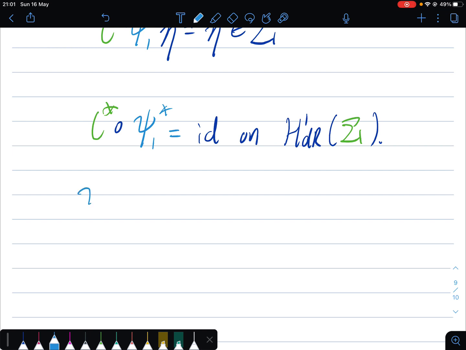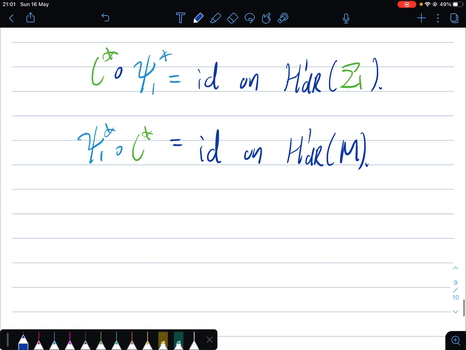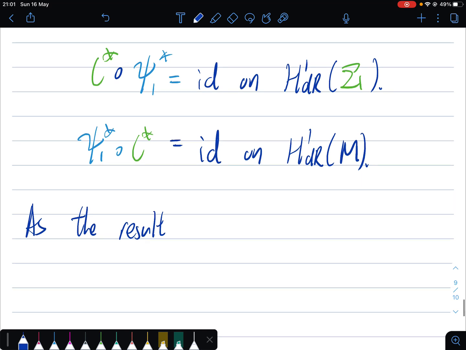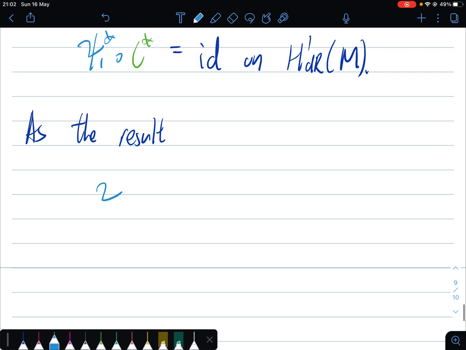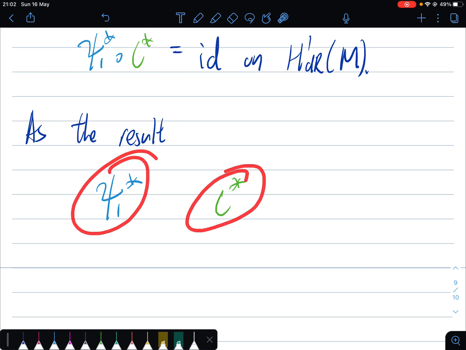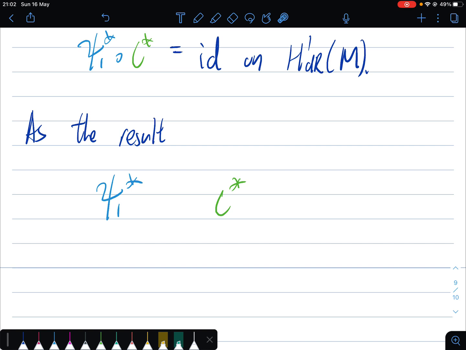And for the other direction, it is equal to the identity on the first Dirac cohomology of the manifold M. As a result, the pullback of the psi map and the pullback of the inclusion map are inverse to each other in the first Dirac cohomology group.